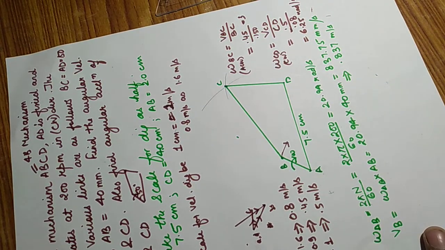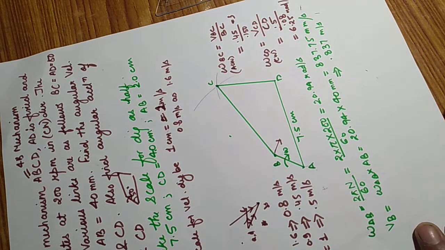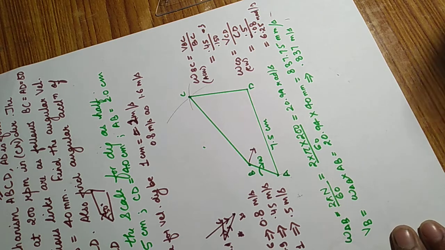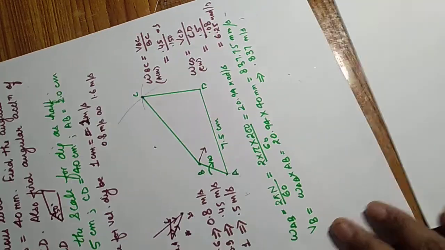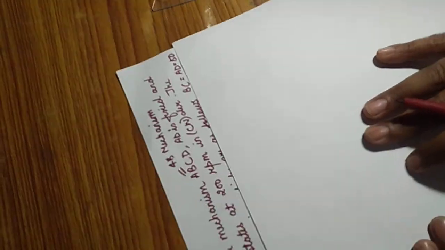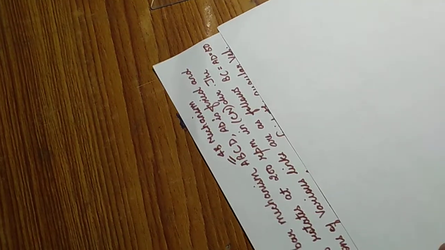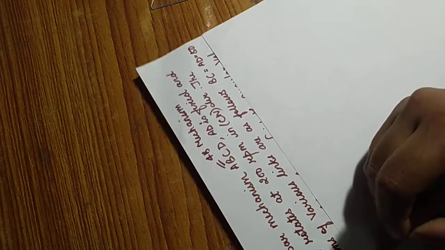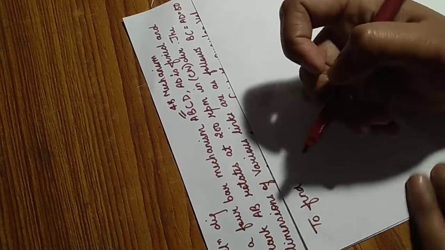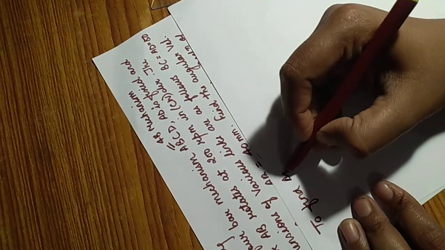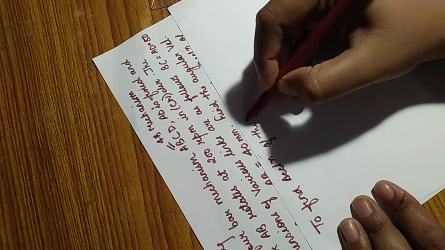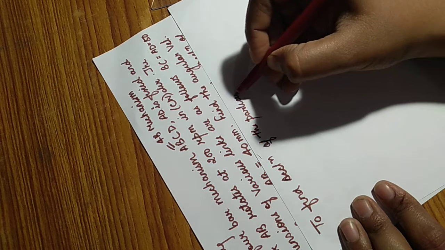Now the point is how to find the things related to the acceleration. To understand this, let me take a new page. To find the acceleration, first of all we need to find the acceleration of the particular figure.